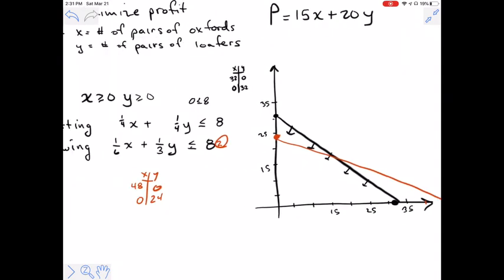And then figure out the test point so I can have the right shading. I'm going to go x and y are both 0 for the point 0, 0, which gives me 0 is less than or equal to 8. That's also true, so I'm shading beneath that line.